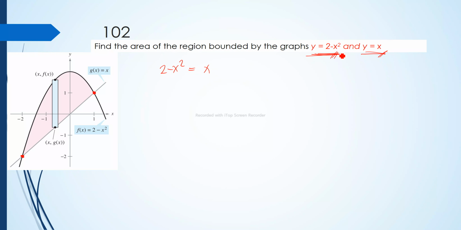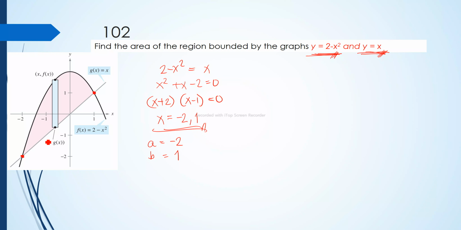We just equate them, and we will get x squared plus x minus 2 is equal to 0. You factor that out, you will get x plus 2 times x minus 1 is equal to 0. Therefore, the points of intersection of our two curves are at -2 and at +1. So the lower limit will be -2 and our upper limit will be 1. This is the point at which the two curves intersect.